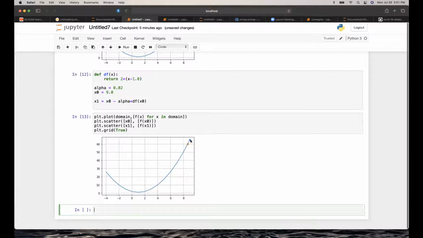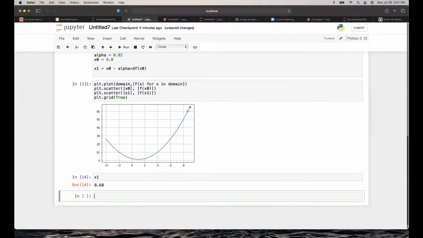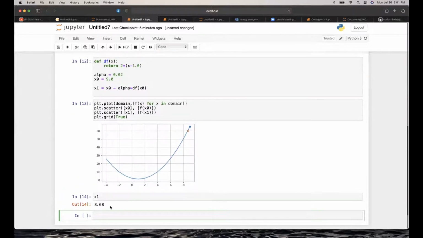This is at x equals 9, and then what is x1? So that didn't move very far, right? We started at 9 and now we're at 8.68.